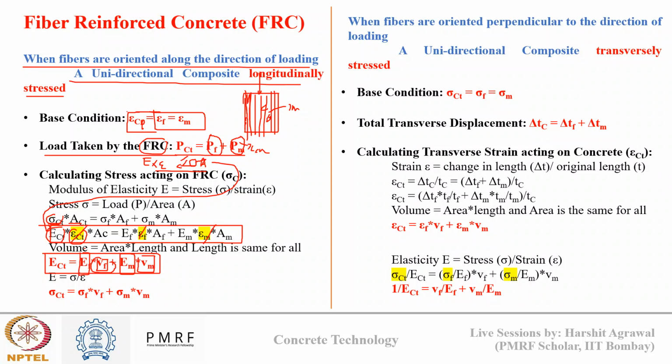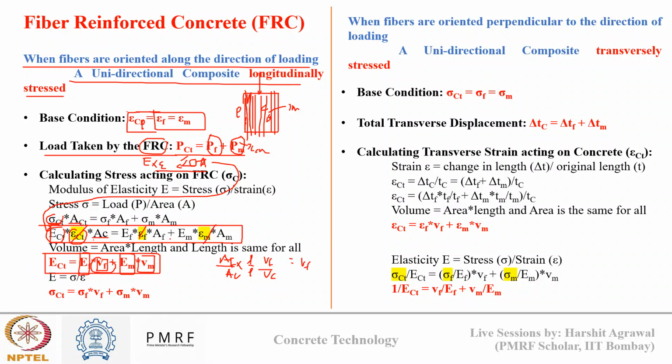How did this volume fraction come? If I divide by AC, the area, on both sides, I get AF upon AC. Now since it is uniform, the length of fiber and the concrete is the same, so if I multiply this by L, it will give me VF upon VC, and this VF upon VC is nothing but the volume fraction of fiber in the system.